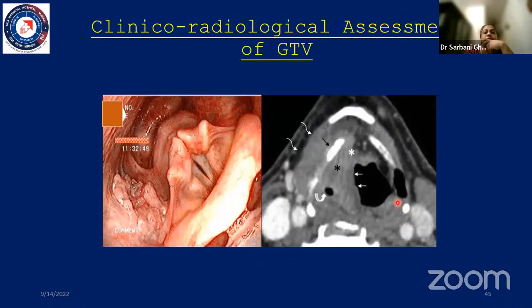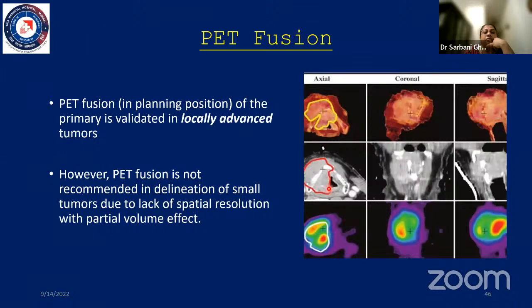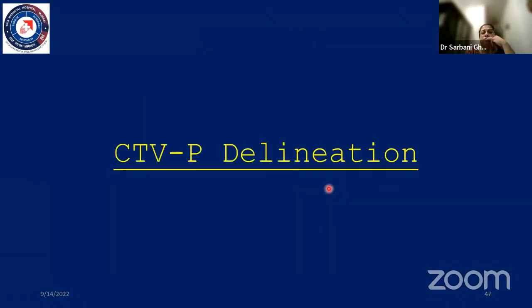So this is a picture showing you the extent of disease in the glottic larynx, extension to the paraglottis, and there seems to be disease on both sides of the thyroid cartilage, and it could possibly be a T4 laryngeal cancer. Now, PET fusion, what is its role? It is usually not recommended in the definitive setting, and especially so for small tumors, due to the lack of spatial resolution with partial volume effect.